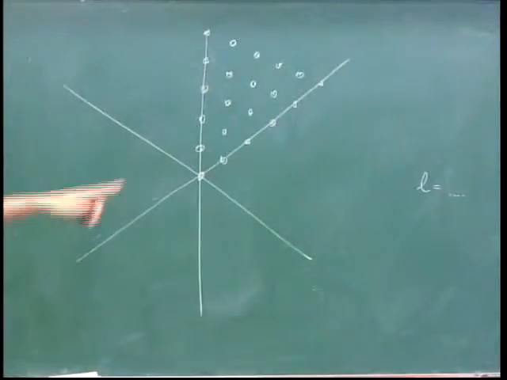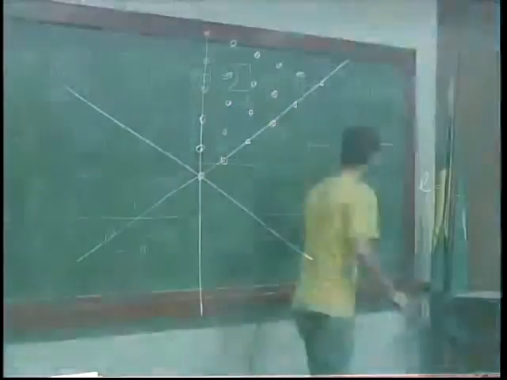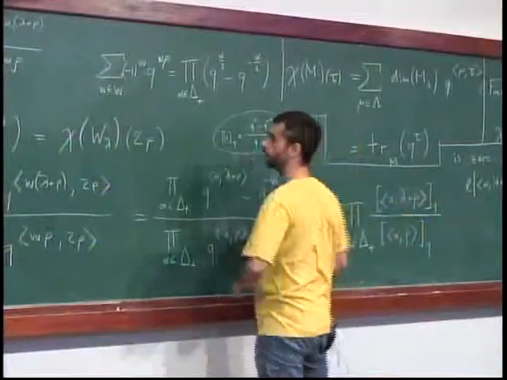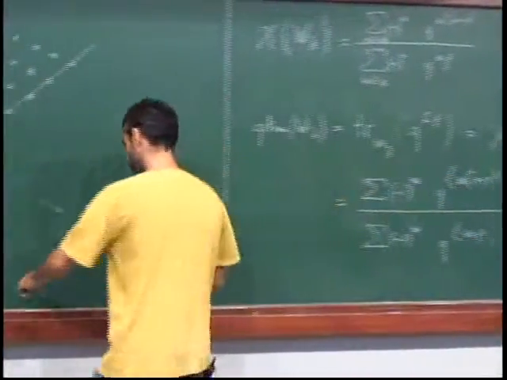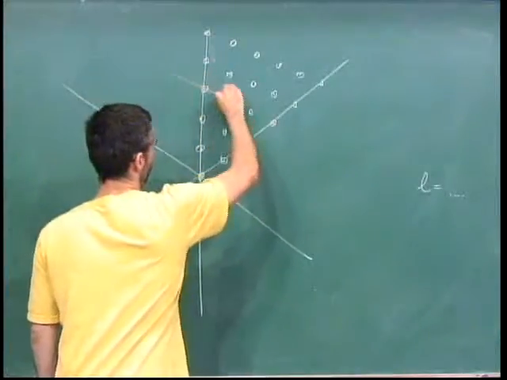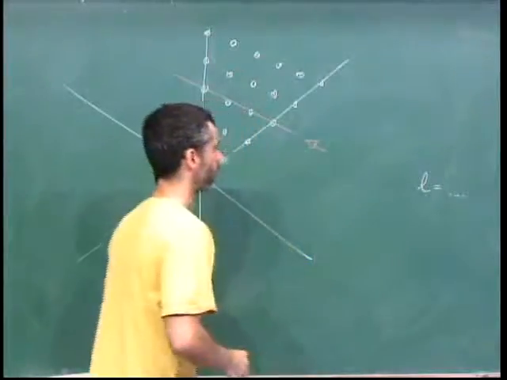But I will tell you when this numerator becomes 0. So here is when the numerator becomes 0.